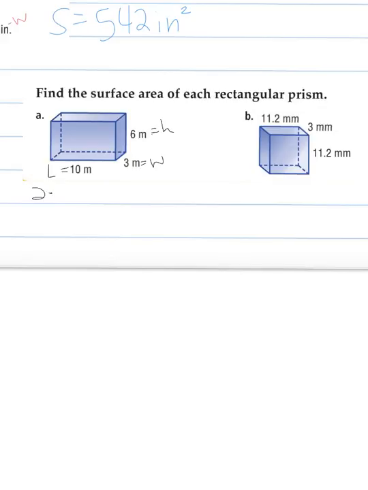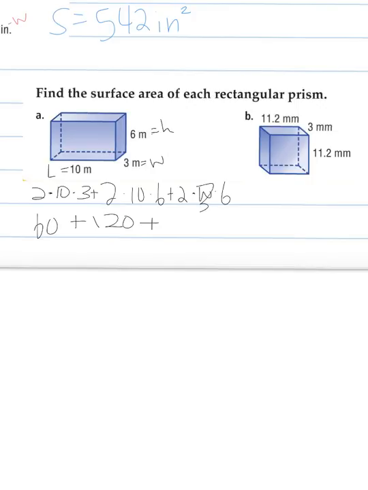So we take 2 times length times width, plus 2 times length times height, plus 2 times width times height. Let's multiply those together. 2 times 10 times 3 is 60. 2 times 10 times 6 is 120.